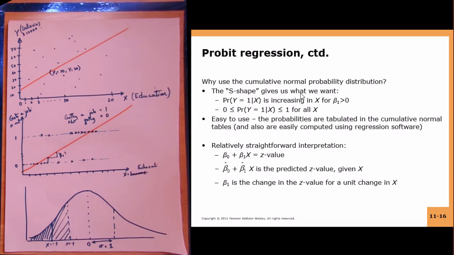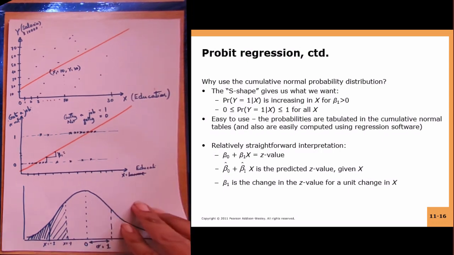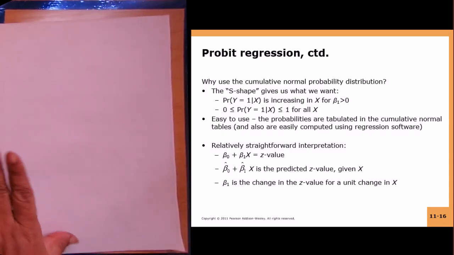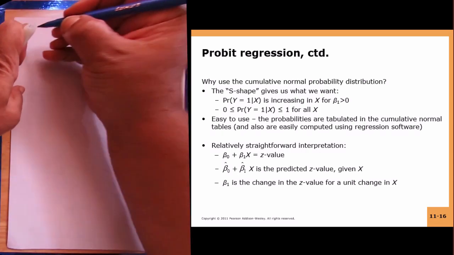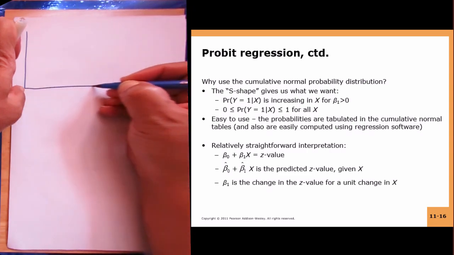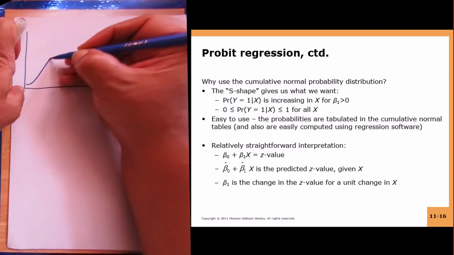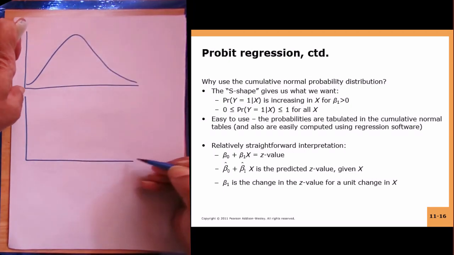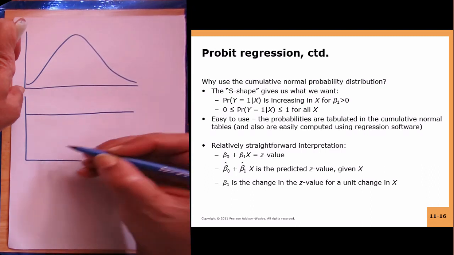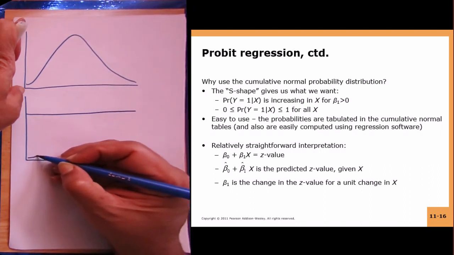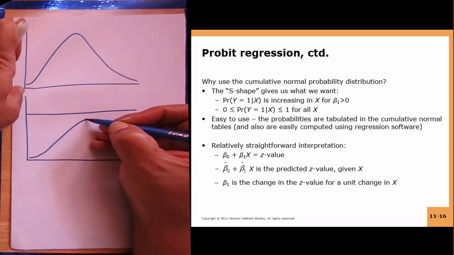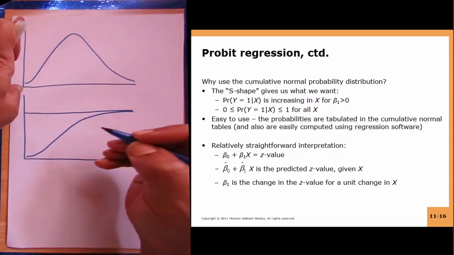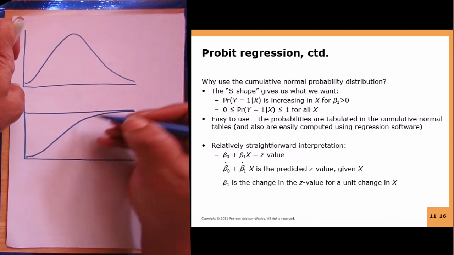So why use the cumulative standard normal distribution function? The S shape gives us what we want. The cumulative standard normal distribution function looks like this. If this is the normal distribution function, then the associated cumulative function will look something like this.